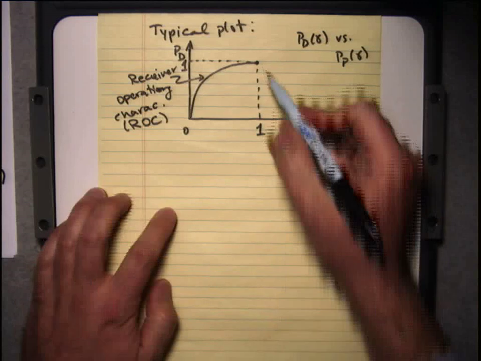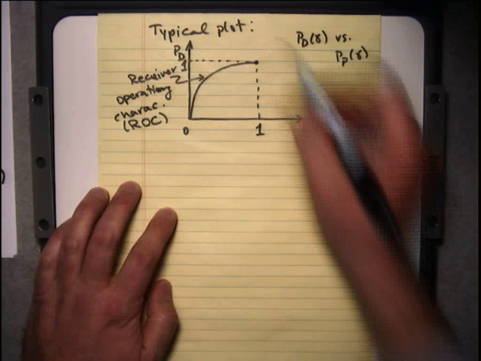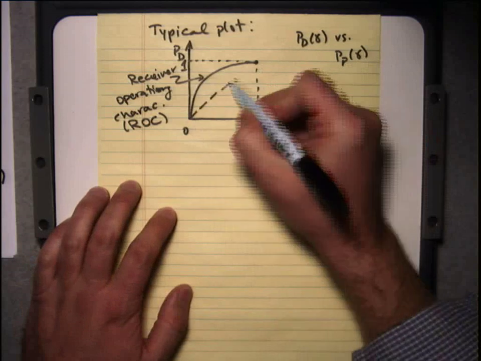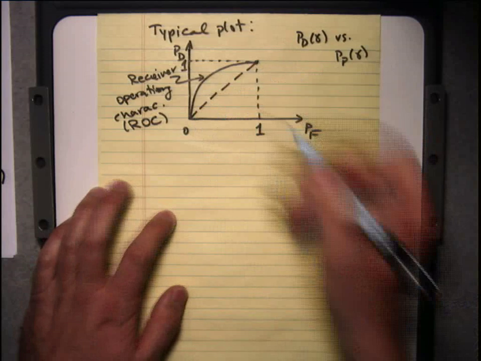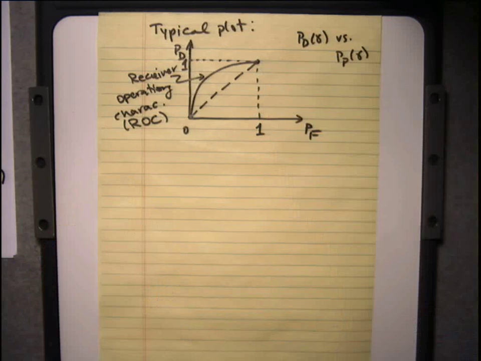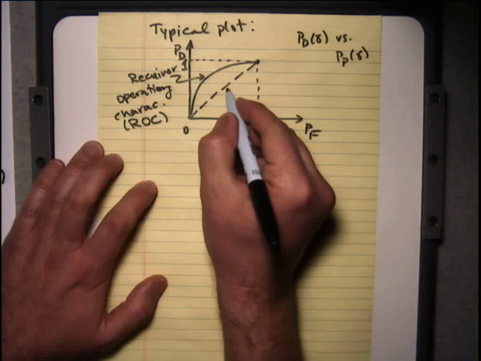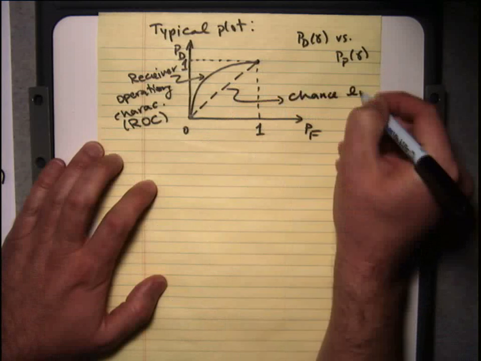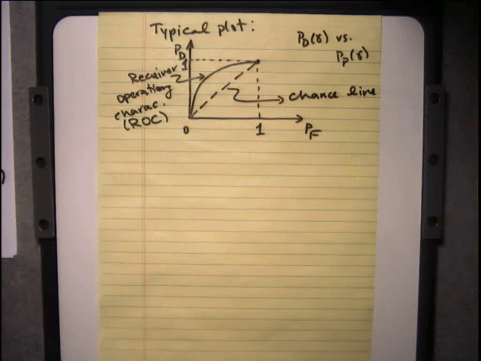Now, there's a lot of interesting things in this space that one can draw. Let me, for example, consider this line here that connects 0 to 1. Straight line, 45-degree angle. This line is called the chance line. Why is it the chance line?